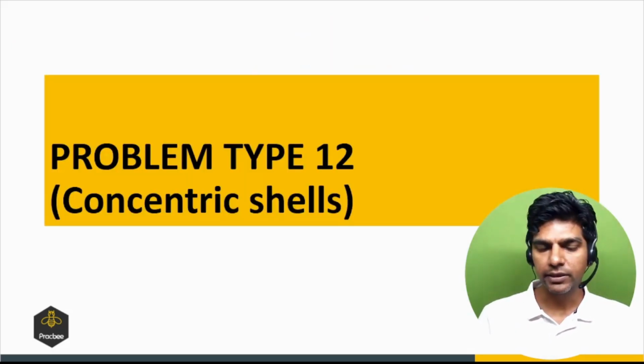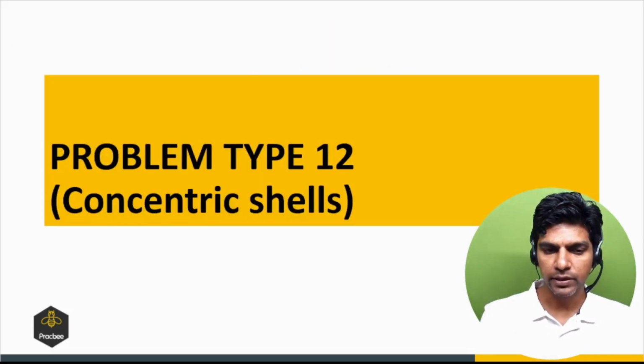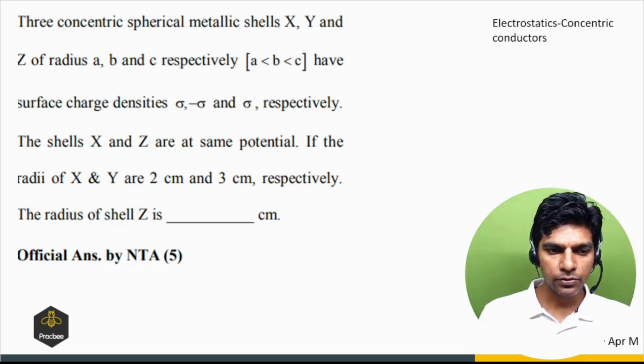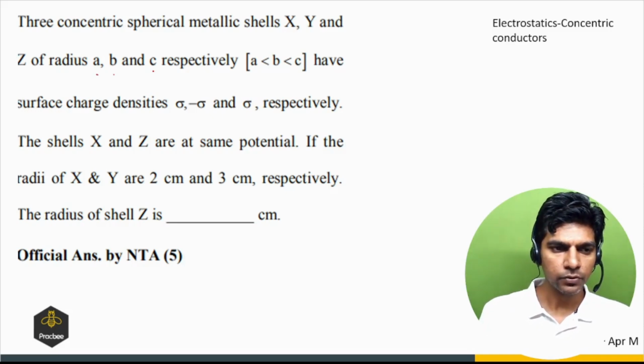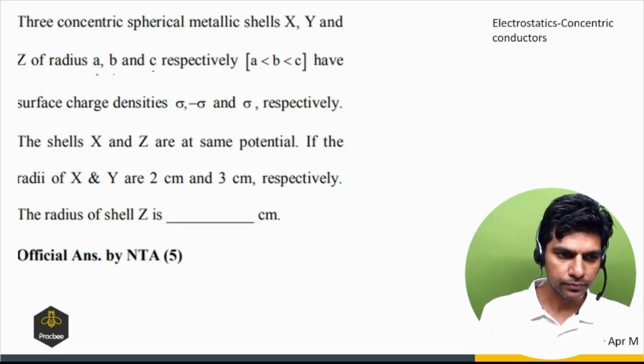Right, so now let us see the next type of problem, concentric shells. So three concentric spherical metallic shells X, Y, and Z of radius a, b, and c, where c is greater than b and b is greater than a, have surface charge density sigma, minus sigma and plus sigma. Okay, so let me first draw the diagram.